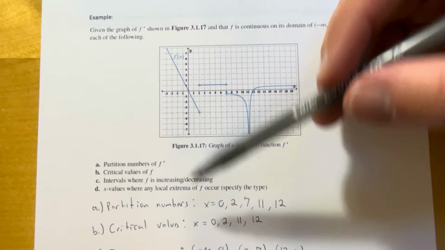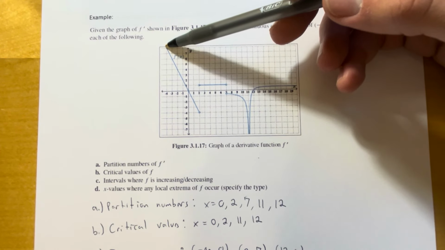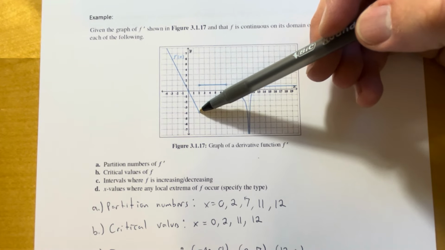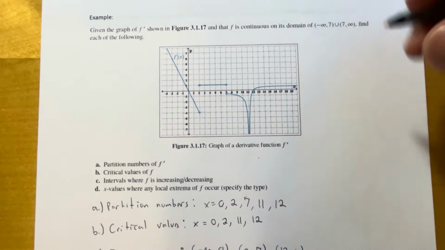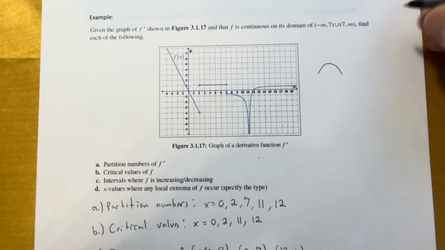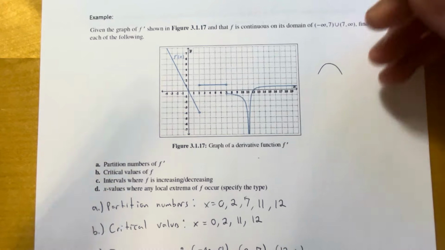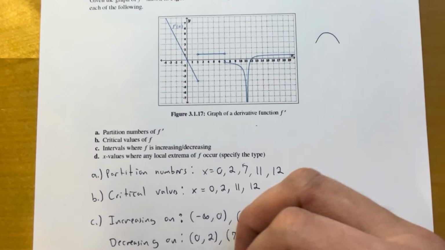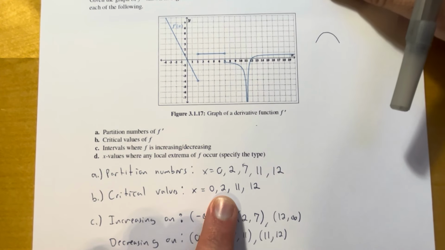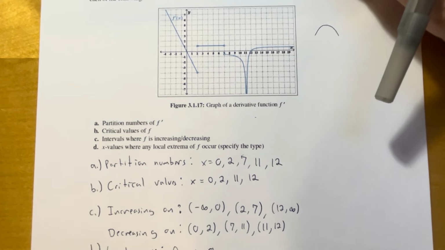Starting with x equals 0, I can see that my derivative switches from being positive to negative once I go through x equals 0. And remember, positive to negative means I have a local maximum because I'm going from increasing to decreasing. That's from my first derivative test. So there is a local max at x equals 0. What about at x equals 2? That's another critical value.